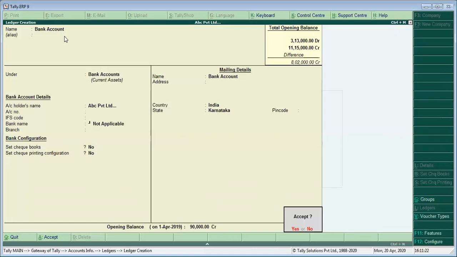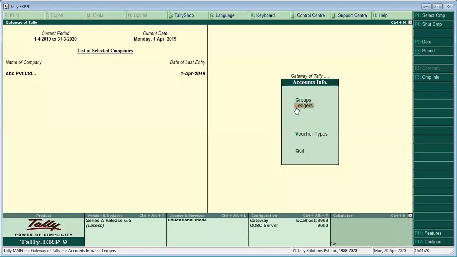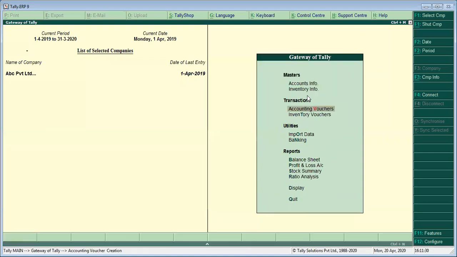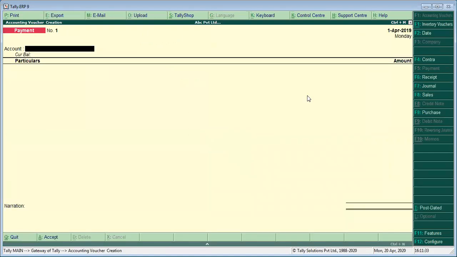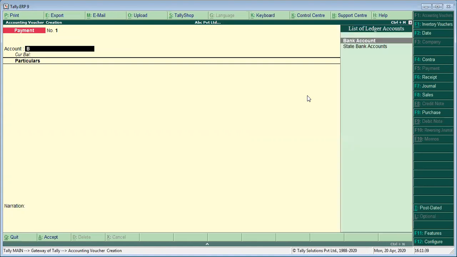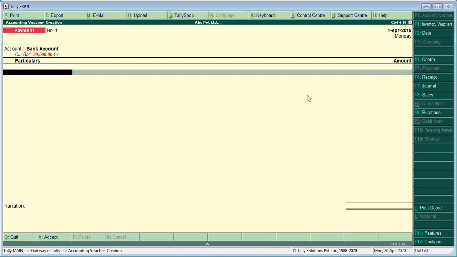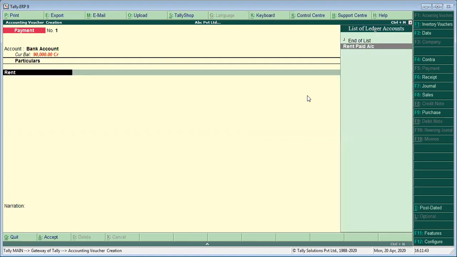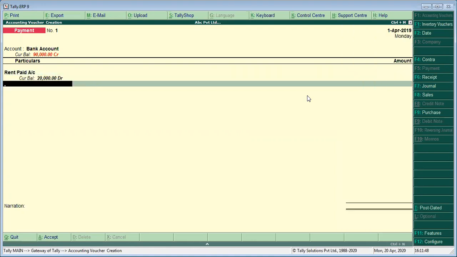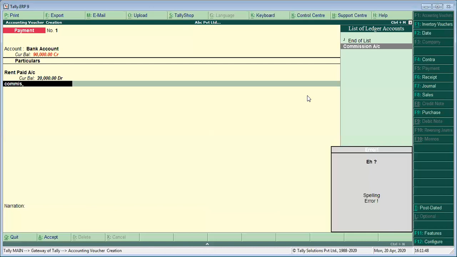Now go ahead with the transaction in the case of accounting vouchers. Think that the rent and the commission is paid through the bank. So just give the bank account. Now rent paid account along with the commission account.